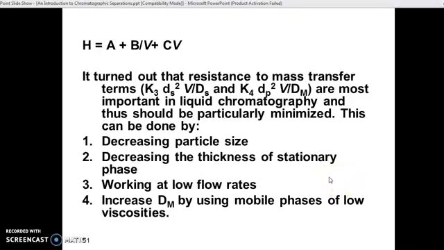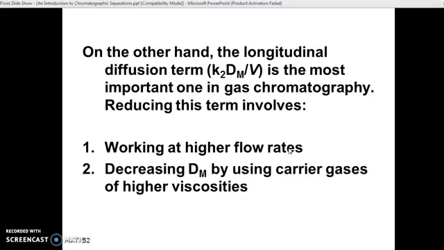H, capital H, is the band broadening. Now we have already seen this in the fourth and fifth lectures. So in liquid chromatography, we will see how H is affected by these factors. The longitudinal diffusion we will see with this formula.